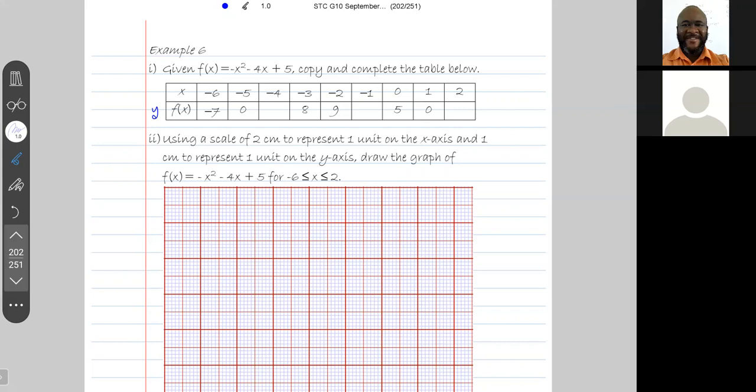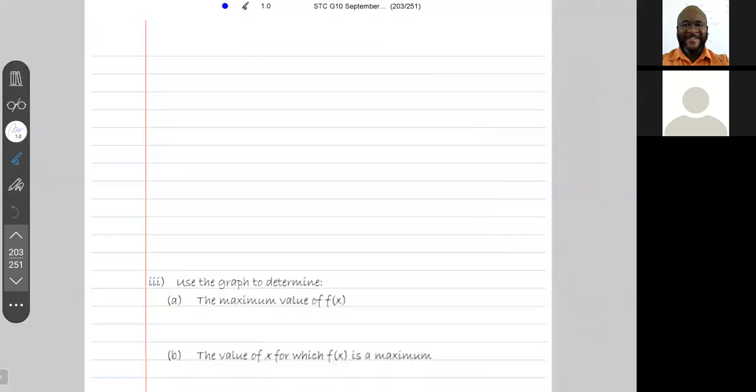So I have y is equal to minus x squared minus 4x plus 5.